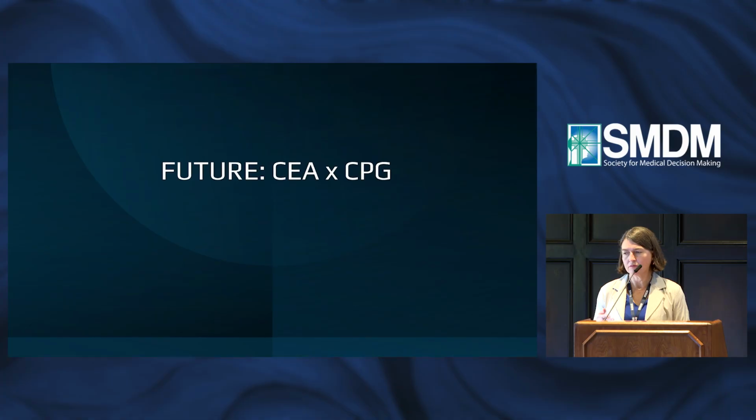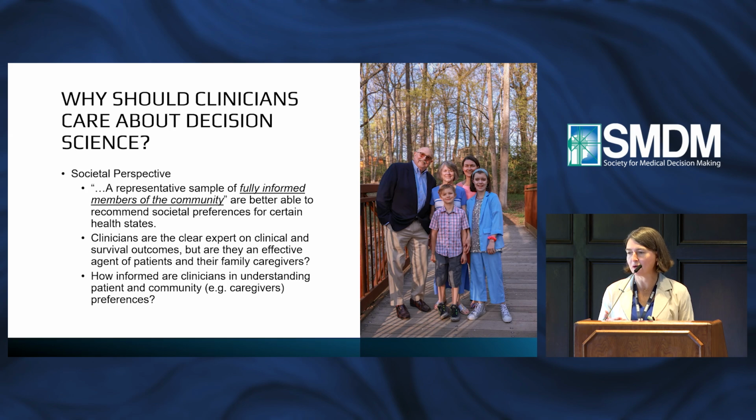And so I want to move along, but where do we go from here? Now that you know what cost effectiveness is, how do we merge these two and do better? I always think of this as my family, my parents, my two children. And so why should clinicians care about decision science?